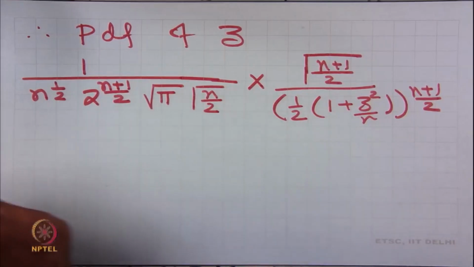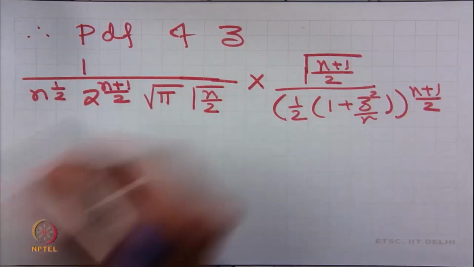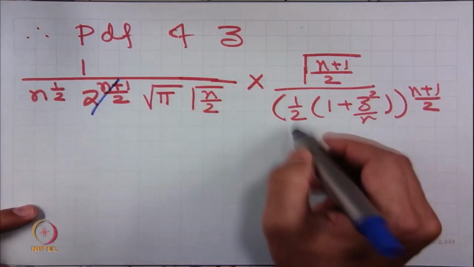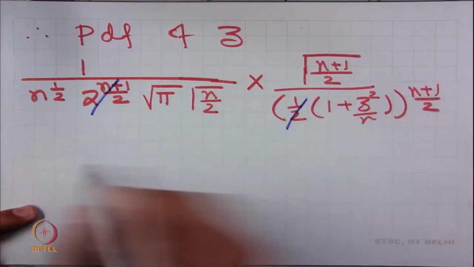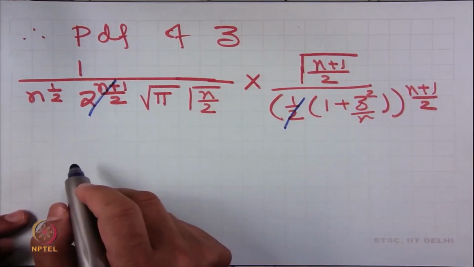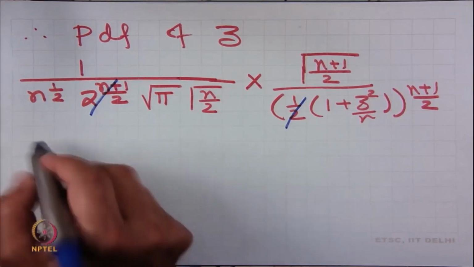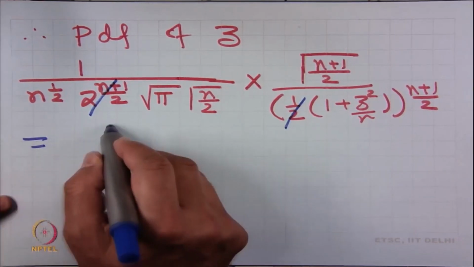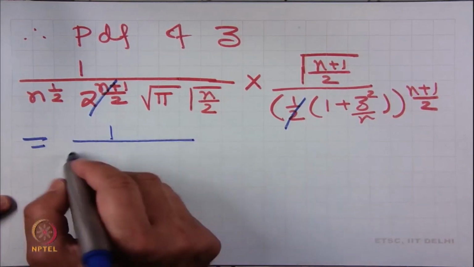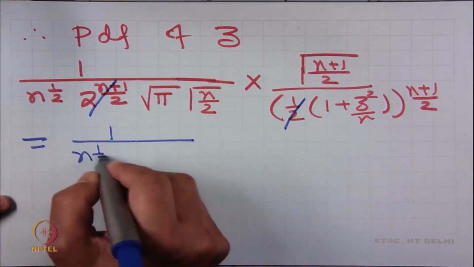This 2 to the power n by 2 cancels with this 2 to the power (n plus 1) by 2. Therefore, what we obtain is n to the power half.